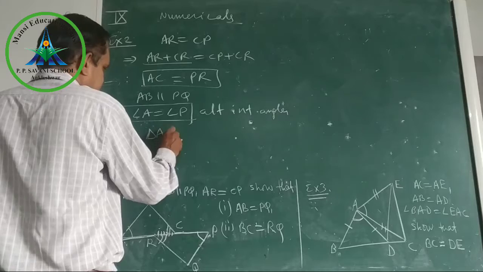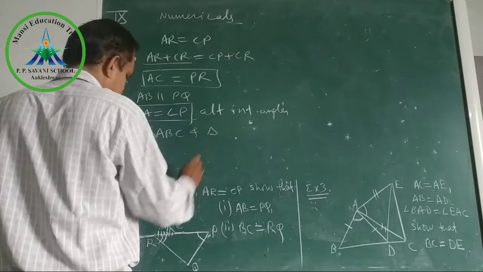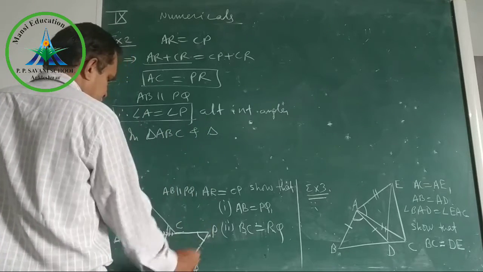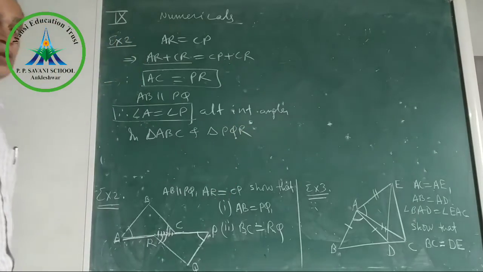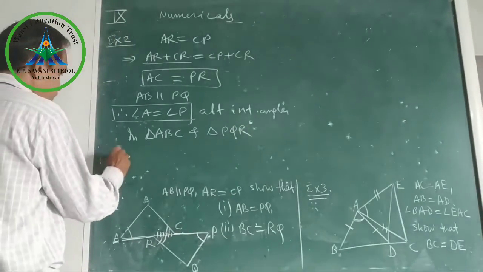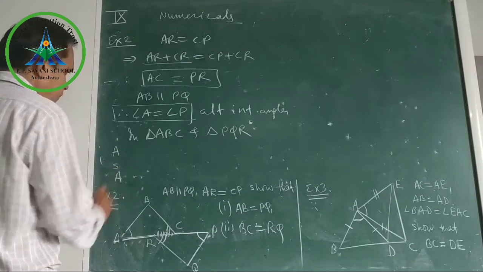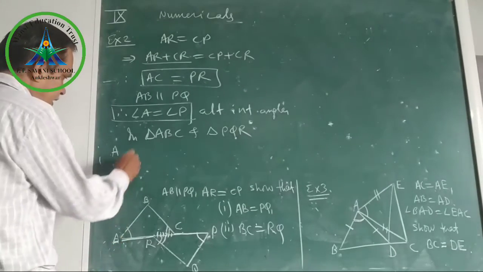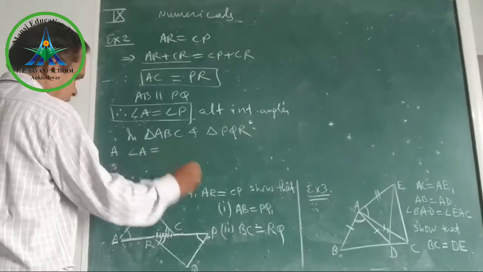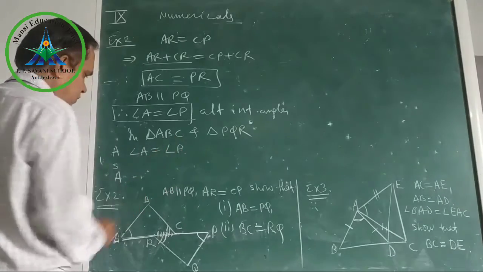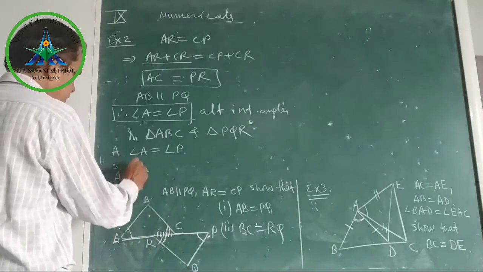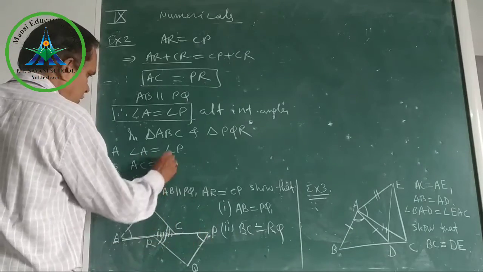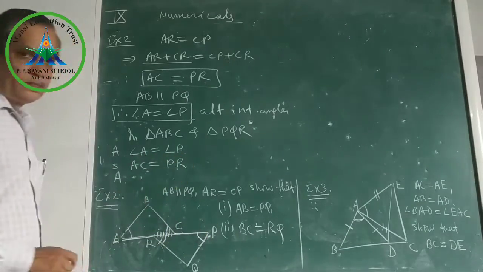In triangle ABC and triangle PQR. Which rule? Angle side angle. Yes, angle A equal to angle P. Side AC equal to PR. Okay.